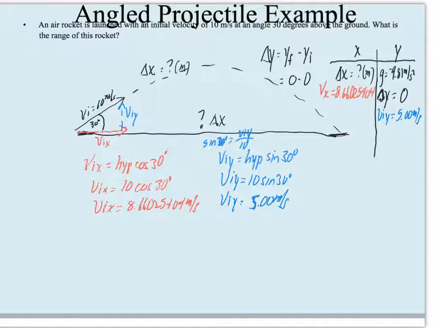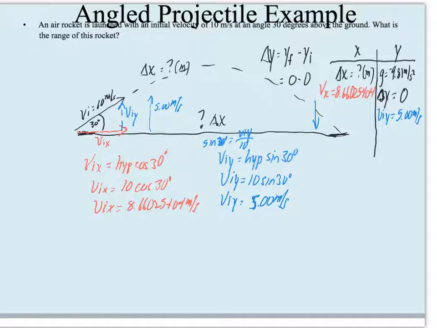Now, remember, we talked about angled projectiles that if they are launched and land at the same height, it takes the same amount of time to get up to max height that it does to go from max height to the ground. Well, another thing is if you launch an object straight up at 5 meters per second and it comes down at the same height, how fast is it going to be going along the y-axis when it just about hits the ground?